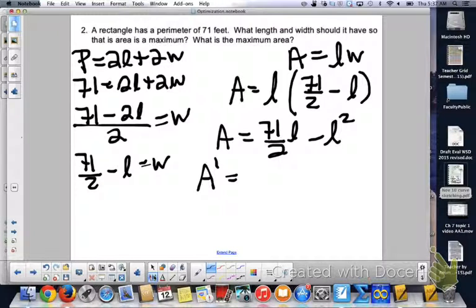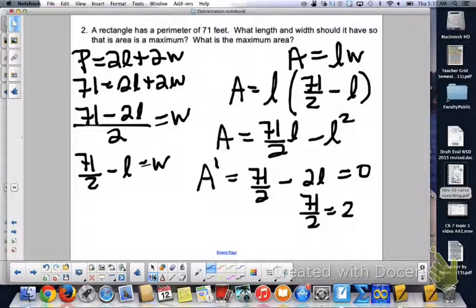So A prime is 71 over 2 minus 2L. Set it equal to 0. 71 over 2 equals 2L. So L equals 71 over 4. And that's it. That's not it. Sorry, that's L. We need to go back and check 71 over 4.